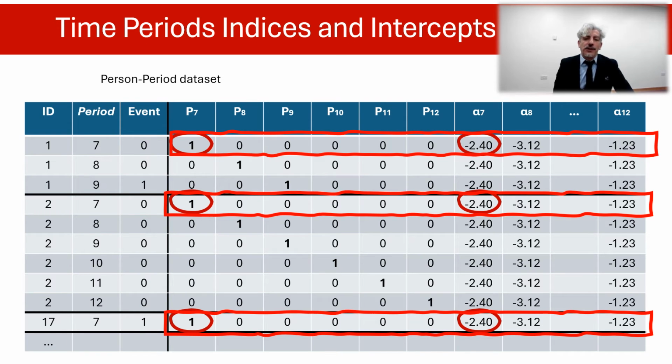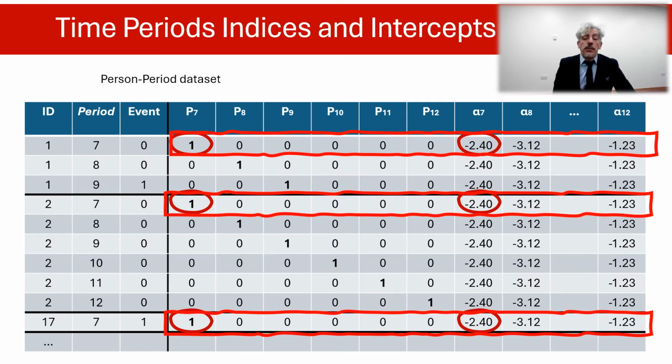Once we have structured the data set in this way, we can create a set of dummies for each time period. These dummies are set to 1 in the time period they represent and 0 in all the other periods. So they're basically indexing different time periods. So in this way, once we estimate intercepts alpha for each time period, so if we build a model where we assume that there are different intercepts for each time period, these intercepts are only switched on, so to speak, during that specific time period.